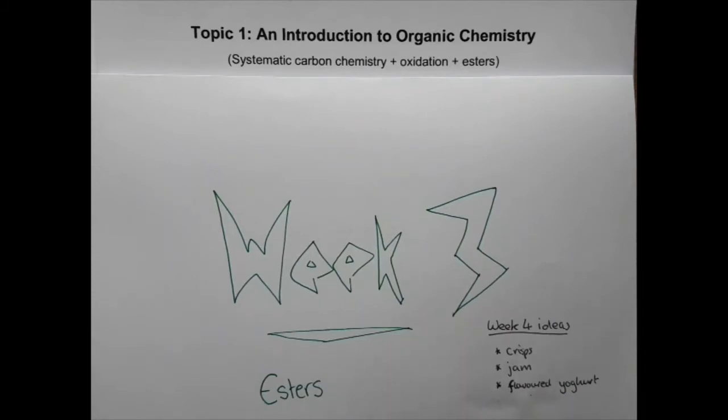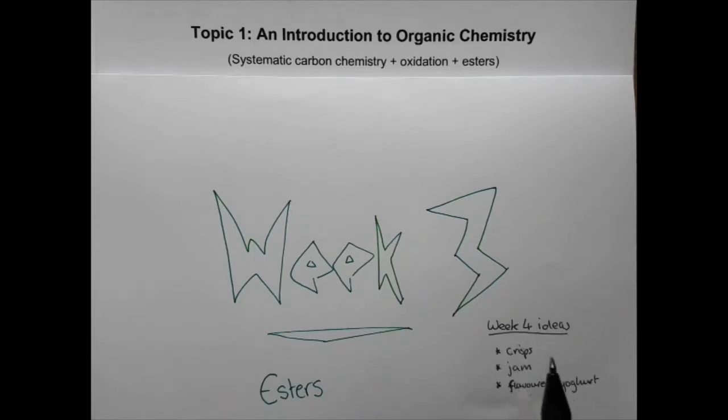Just before we get started on esters and take a look at what we're going to be learning this week, a wee suggestion for week 4. My current plan is that we are going to move on to the final topic of the Higher course, which is a big moment. And that's going to be looking at chemistry of cooking and cosmetic chemistry. We're probably going to start with looking at the chemistry of flavour.